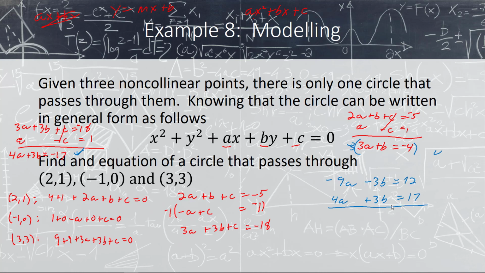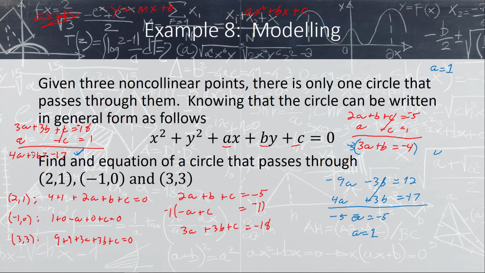Okay, adding these together, the 3b terms cancel. I have -5a, and this should be negative 17, so negative 5a is equal to negative 5. And that would imply that a is equal to 1.